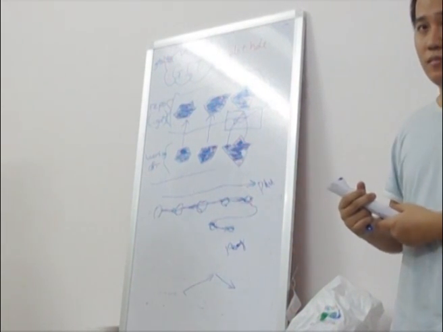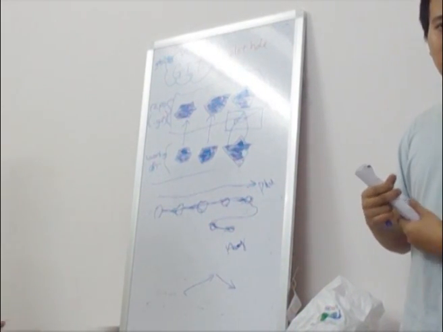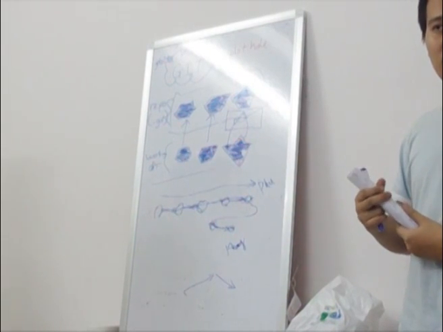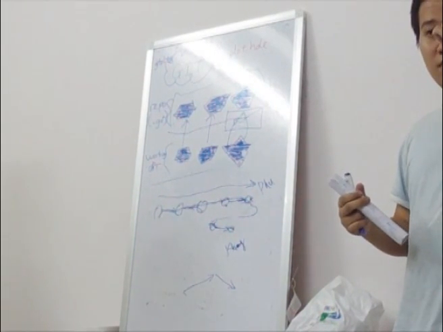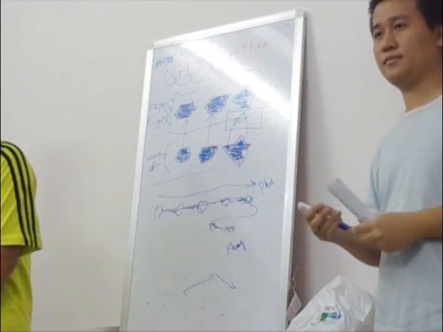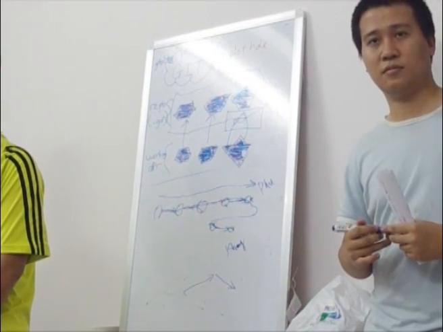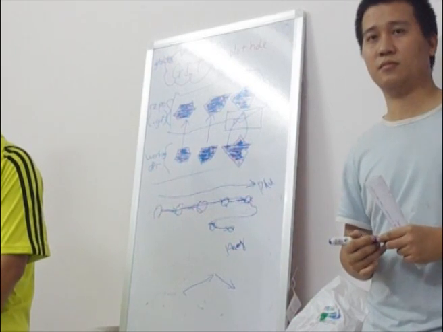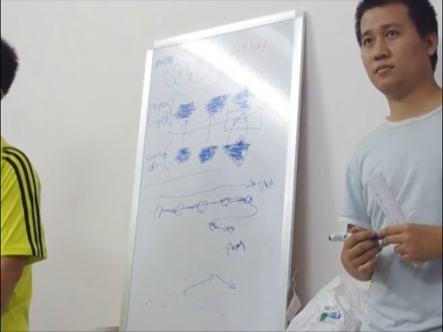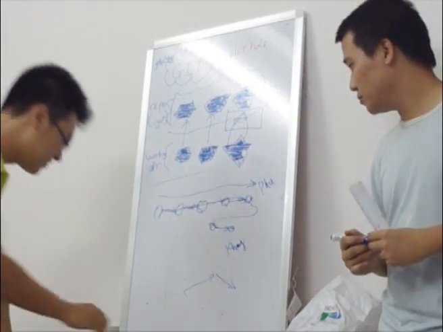Who told me that rebase is kind of the same as pulling? But pulling is merging. It's the same in the sense that you have the same result. It's not exactly the same, you know.